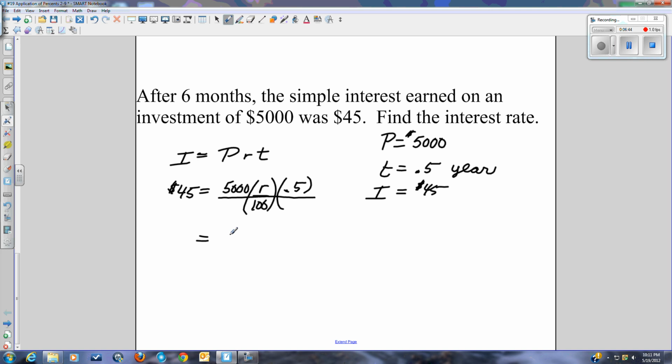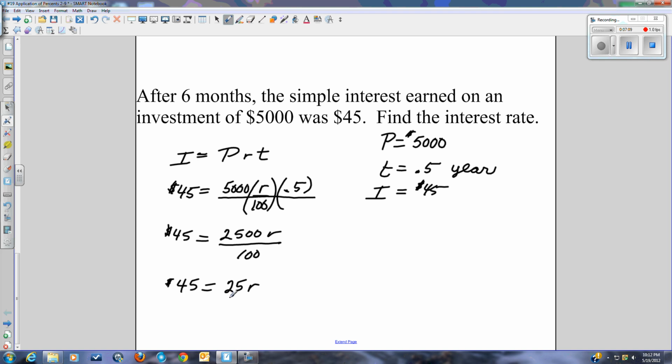Well, 5,000 times R is 5,000R, times 0.5 would give us 2,500R over 100, which gives us 45 is equal to $45. Well, 2,500 divided by 100 is 25. So we have 25R is equal to 45.